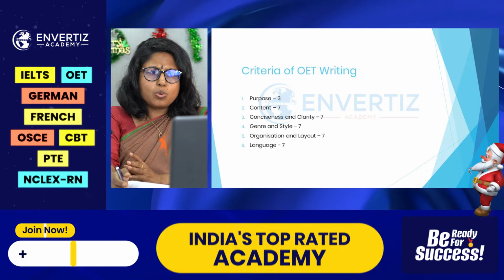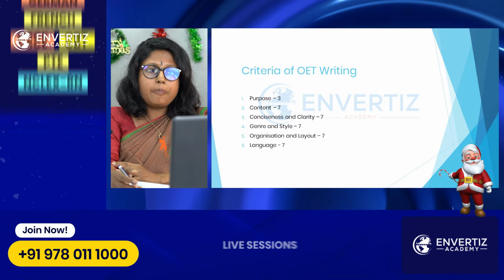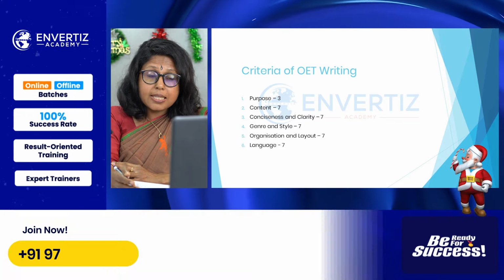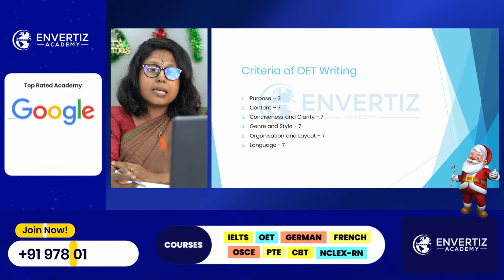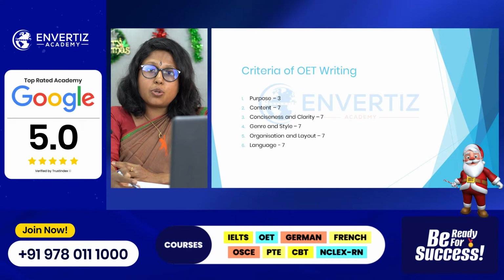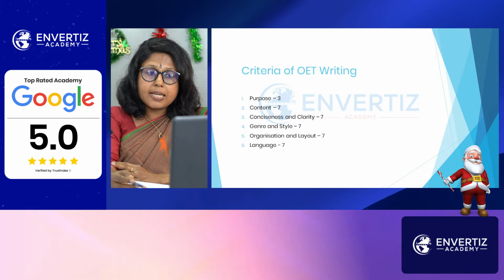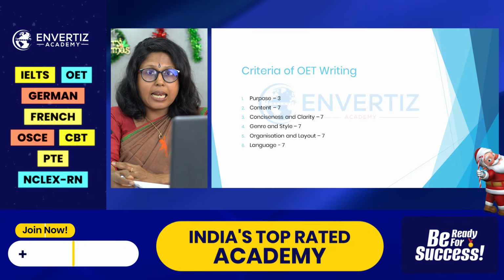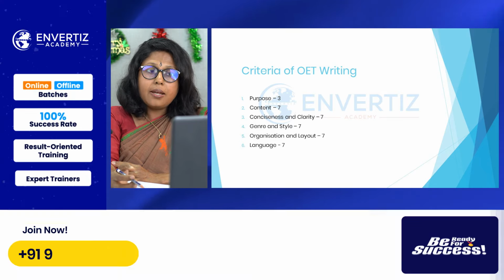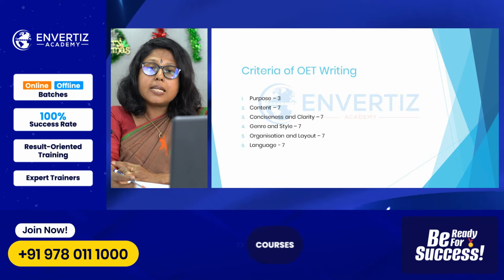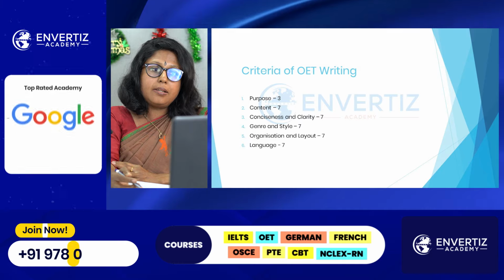Let me go through these criteria. We have six criteria in all, as you remember: purpose, content, conciseness and clarity, genre and style, organization and layout, and lastly, language. Purpose is marked out of three, whereas all the rest are out of seven.